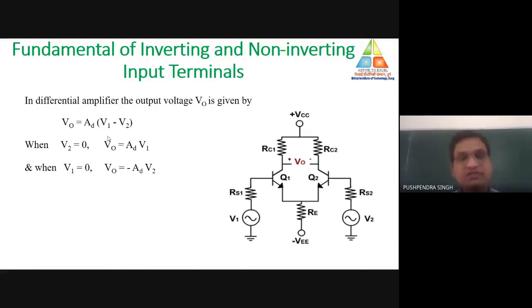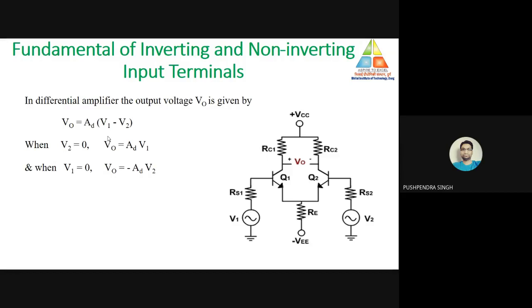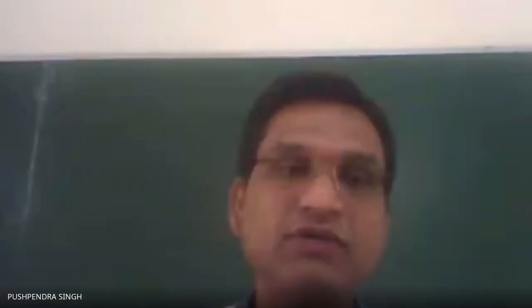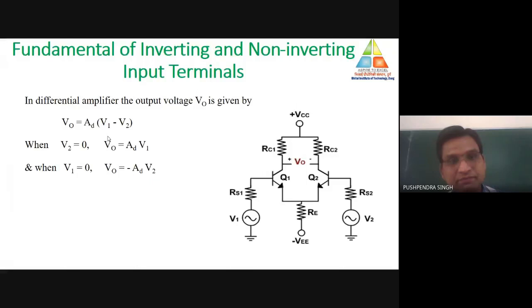So based on that, we can identify which particular terminal can be used as an inverting op-amp or as a non-inverting op-amp, and we can identify the different terminals of the op-amp.